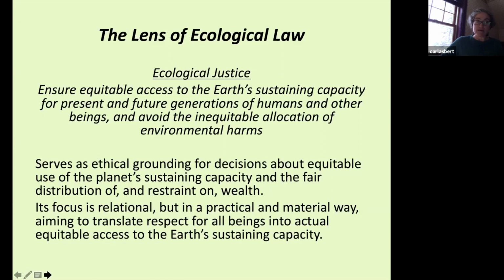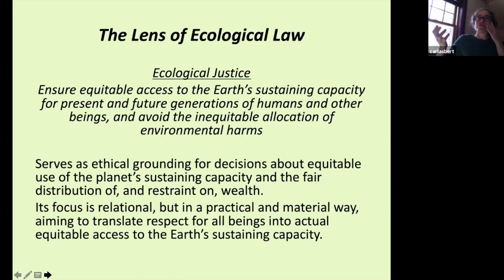The focus of this principle is relational, but in a practical and material way, so that in contrast to the principle of ecocentrism, it aims to translate respect for all beings into actual access to the Earth's sustaining capacity. So that's all of the principles that comprise the lens of ecological law.